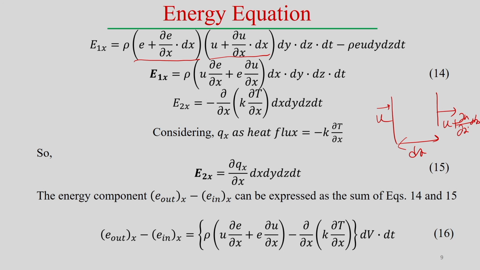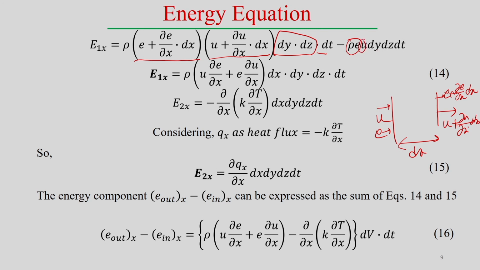So, this is the velocity and this is the energy at this exit, and the velocity component into dy dz, the particular area, over the time dt. That rho E is the initial energy, the input, and there is also a variation of the energy E, in this case E plus del E by del x into dx, that is the spatial distribution and change of the energy.